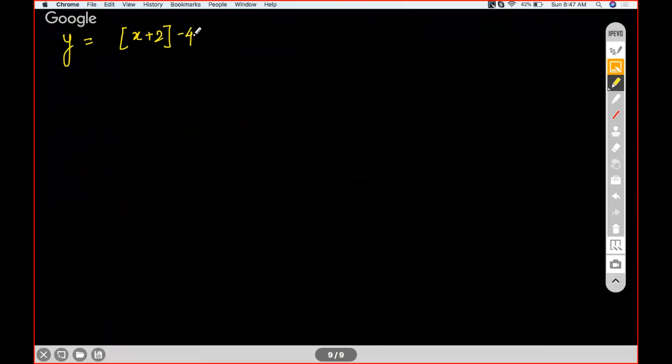If you simply have y equals the square bracket of x, you get the basic graph. And x plus 2 means you shift it 2 units to the left, and then minus 4 means y plus 4, so it gets shifted 4 units down.